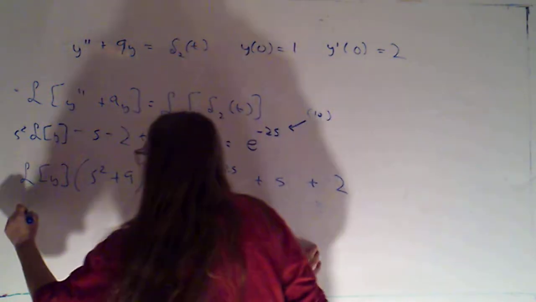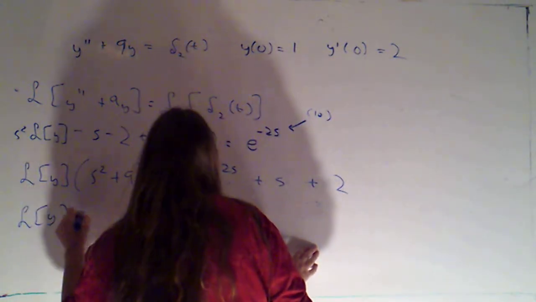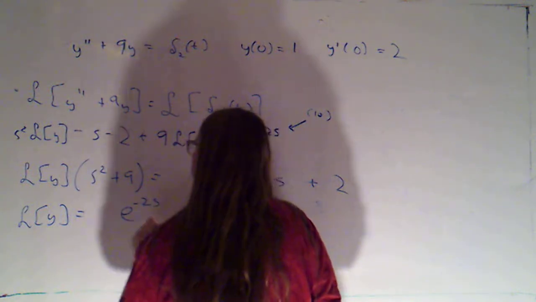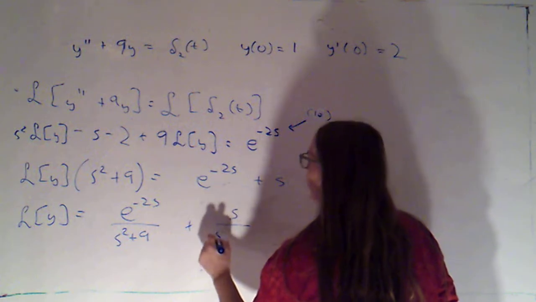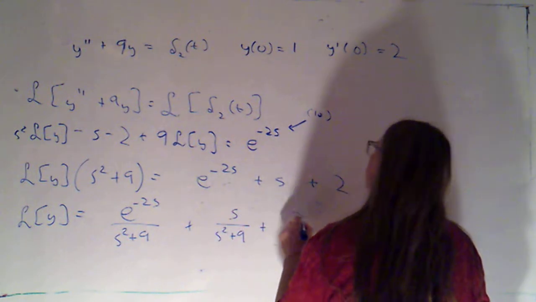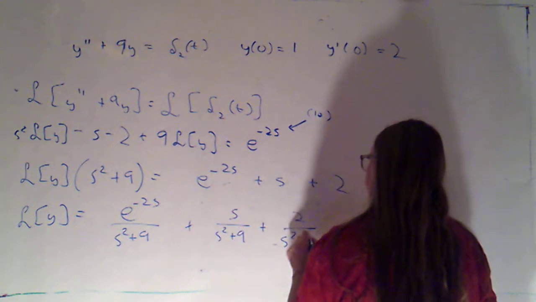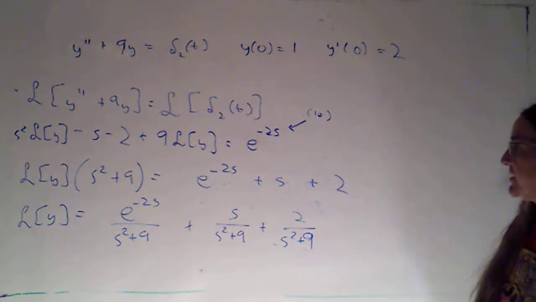So the Laplace transform of y is going to equal e to the negative 2s over s squared plus 9 plus s over s squared plus 9 plus 2 over s squared plus 9.